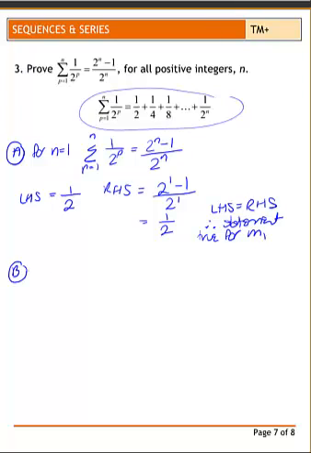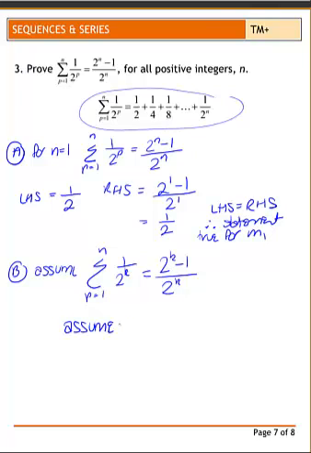Okay, next step. Assume the sum of 1 over 2 to the p, that should be a superscript, 1 over 2 to the k equals 2 to the k minus 1 all over 2 to the k. Okay, so we're assuming n equals k is true.